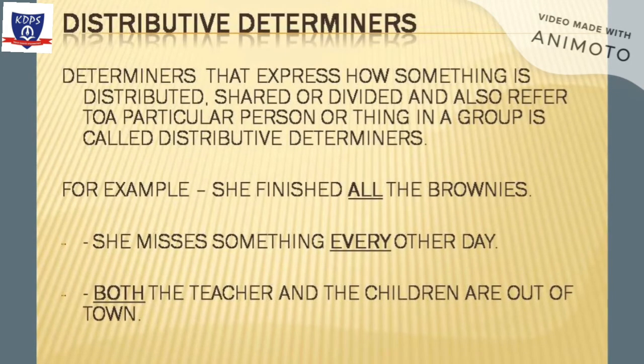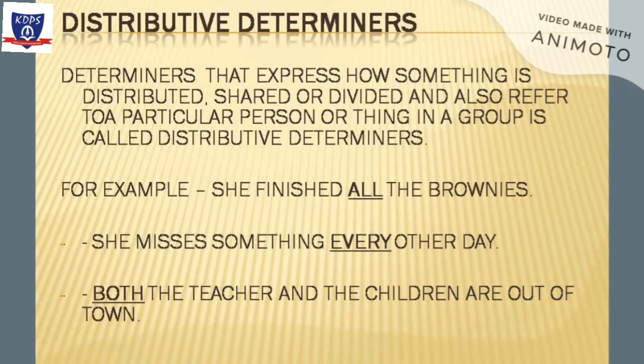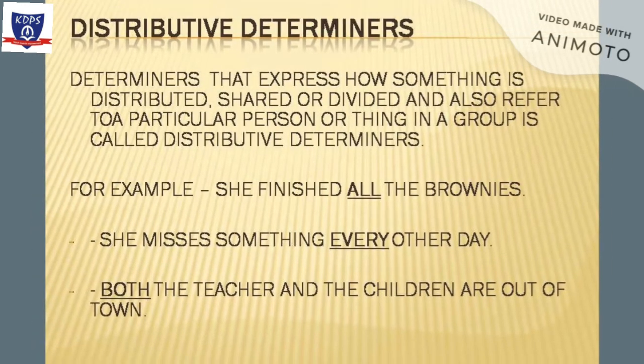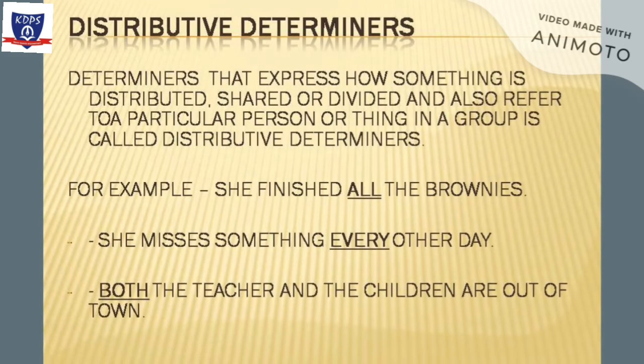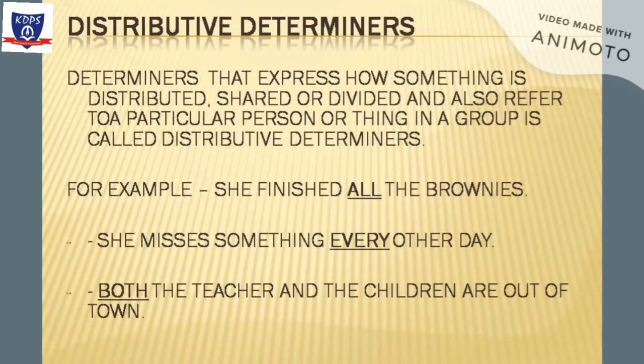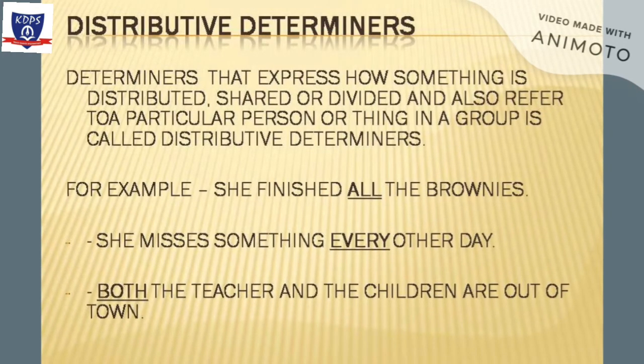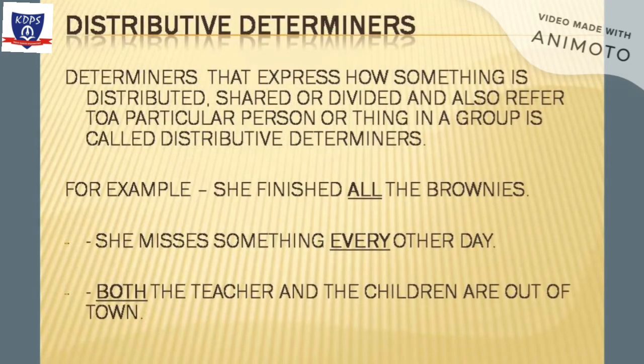So every becomes here my distributive determiner when we are talking about the divided, shared or distributive manner. Both the teachers and the children are out of the town. दोनों बच्चे और टीचर टाउन से बाहर हैं. So both becomes here a distributive determiner.